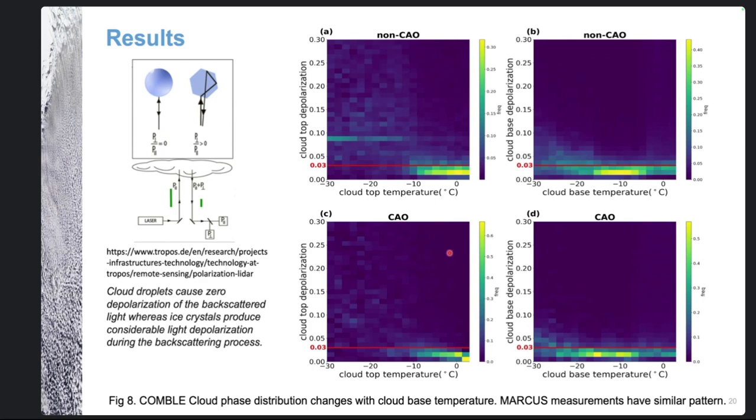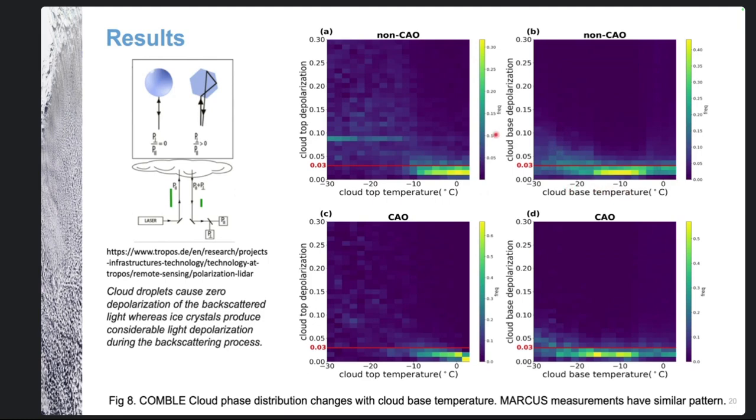When the depolarization is larger than this value, it's more likely to be ice crystals. Based on their algorithm, for both cloud top and cloud base, when the cloud base temperature is below 0, we still see supercooled water at the cloud base. As the temperature continues to decrease, we see an increase in ice crystals.